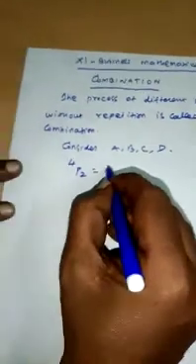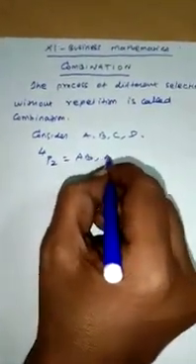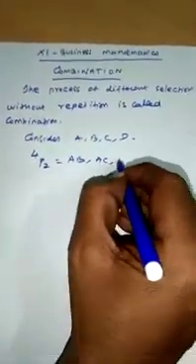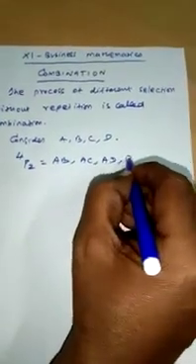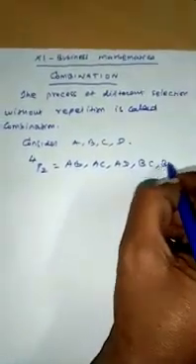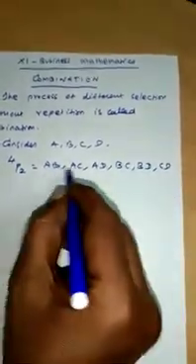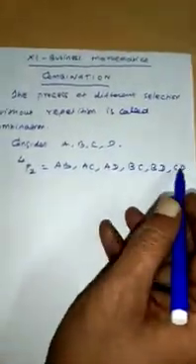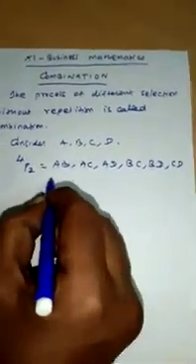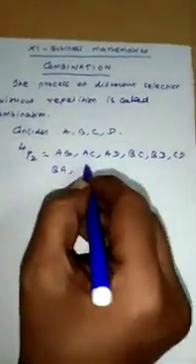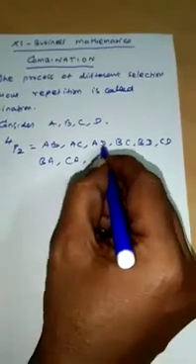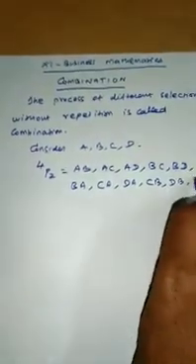That is AB, AC, AD, BC, BD and CD, 1, 2, 3, 4, 5, 6, and BA, CA, DA, CB, DB, DC.